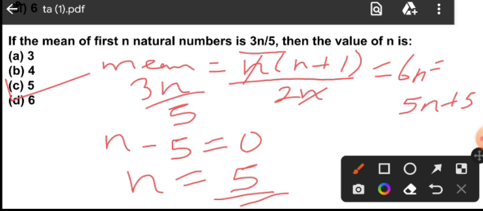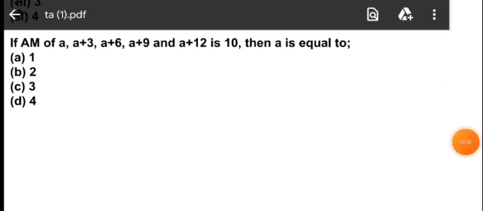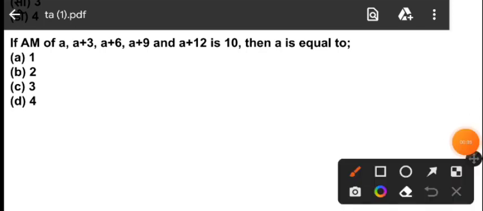Okay, move to the next question. Here is the question, so let's solve it. Here it is given, if the arithmetic mean of a, a plus 3, a plus 6 and a plus 12 is 10, then a is equal to what? It means the question wants to know the value of a.